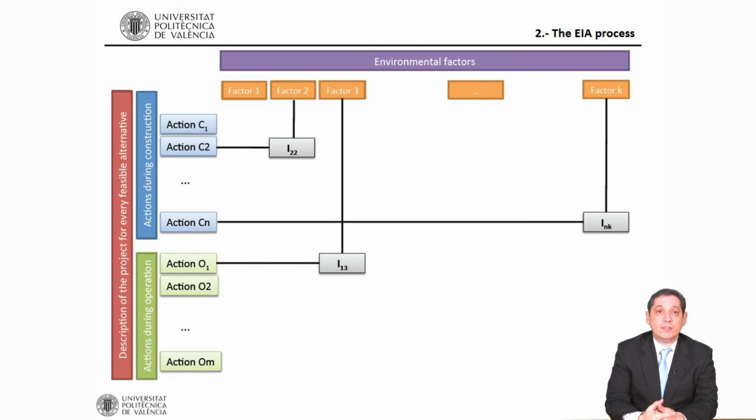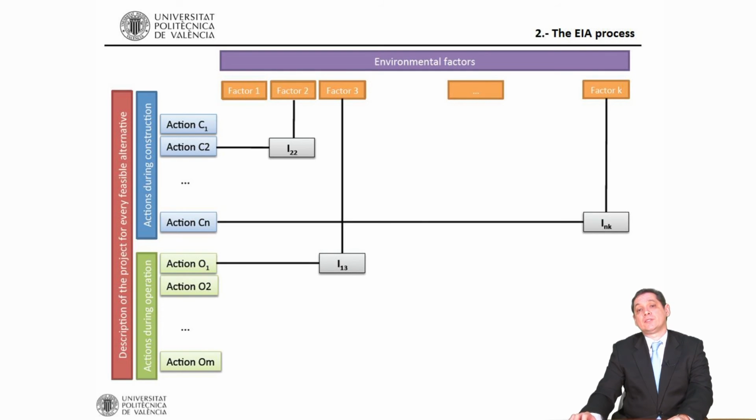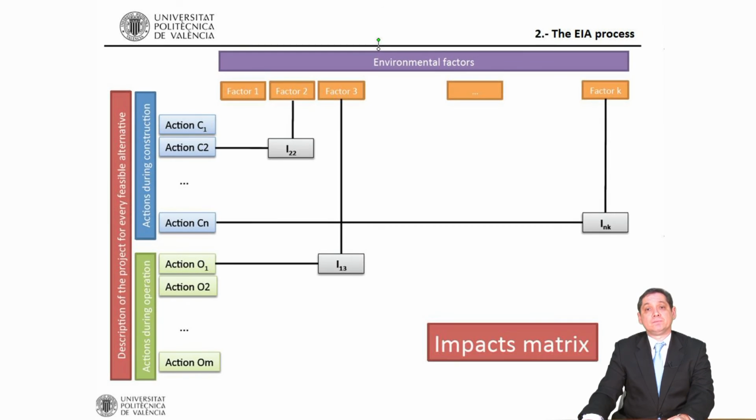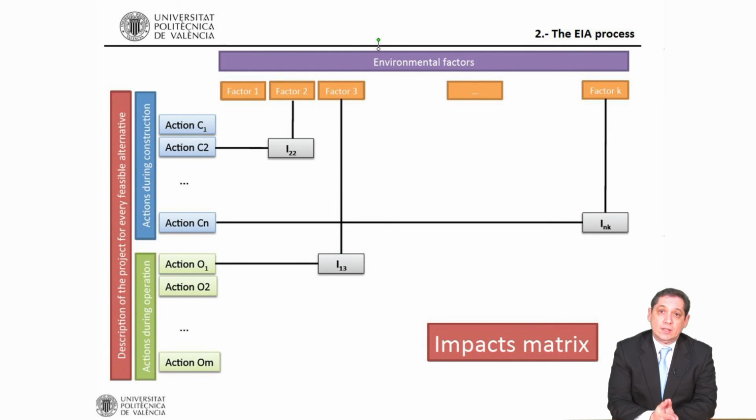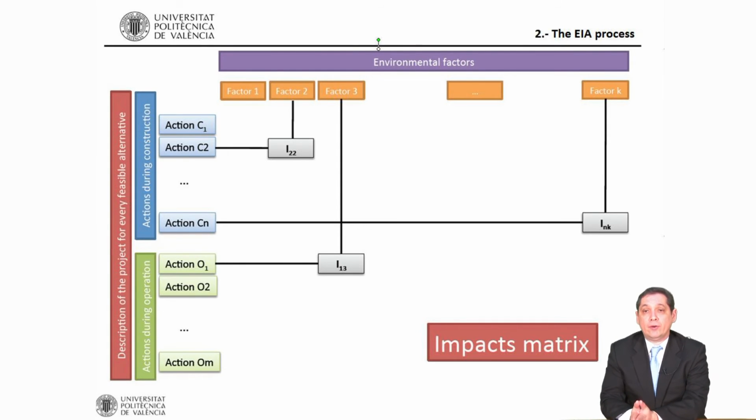The impacts matrix is formed by the identification of all these relations between actions and factors. Then, afterwards, we will have to analyze one by one each one of these environmental impacts. And therefore, we will know what the effects of our project are on the environment.